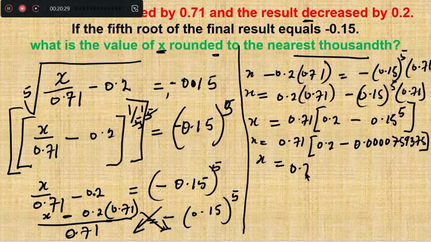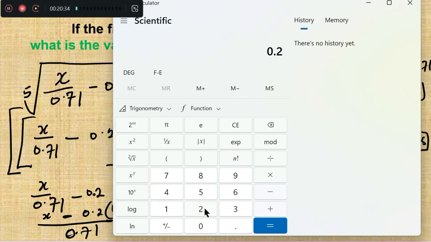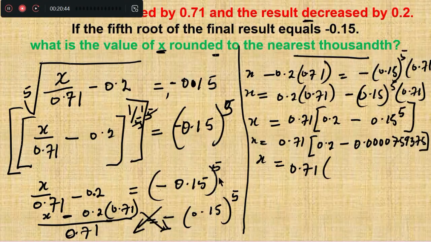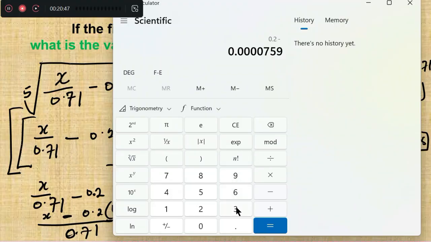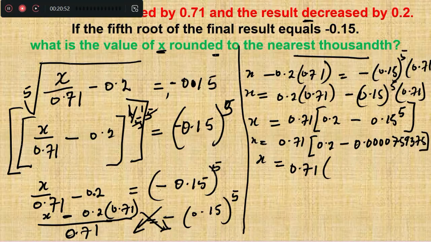So x equals 0.71 into 0.2 minus 0.0000759375, which equals 0.1999240625.